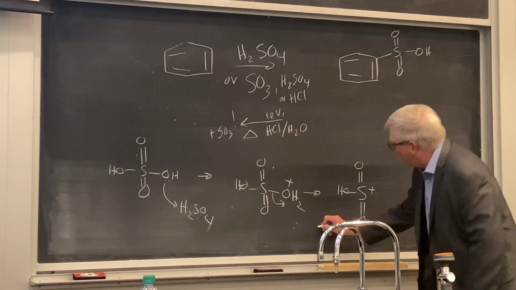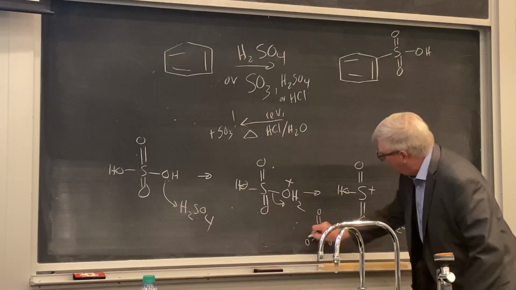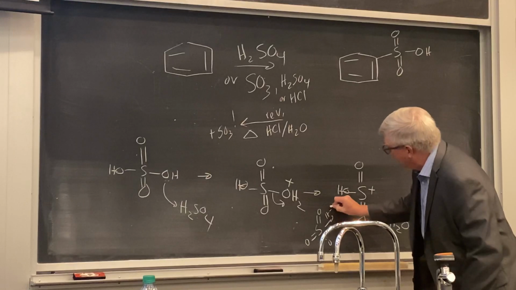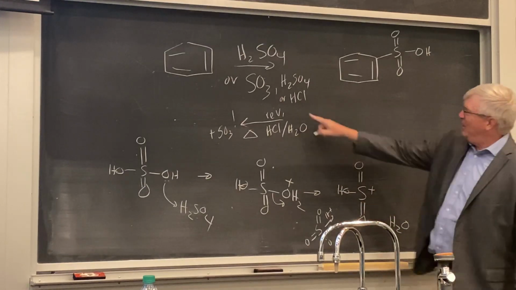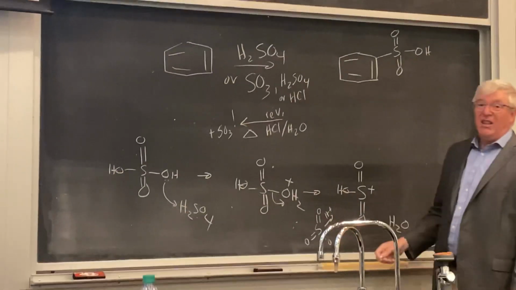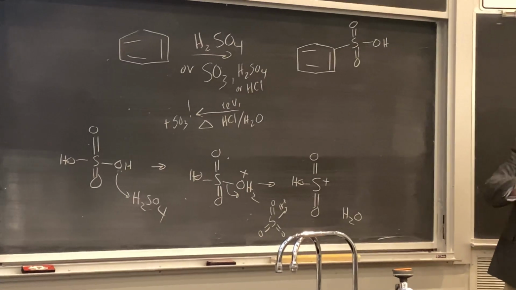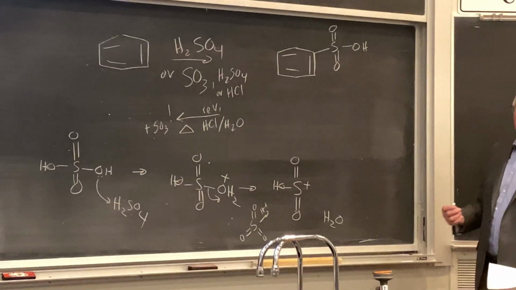Okay. Now, there's another way we can make this. We can take sulfur trioxide and we can put a proton on there. Okay. So that's the alternative conditions here. Sulfur trioxide looks like that. It's neutral. Sulfur can expand its valence shell, right? It's a third row element. And so, yeah, you can go over to that.